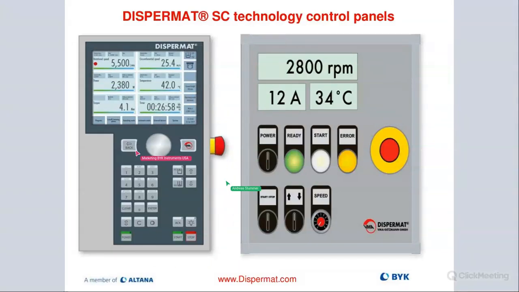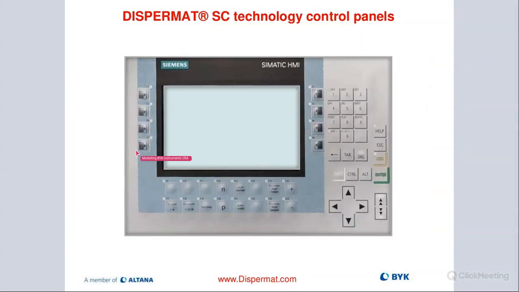And then on the right side, we have a very simple control panel. We call it the M technology for manufacturing. Some customers prefer really simple in the manufacturing environment, a little bit more sophisticated for the lab, but we offer both options. And then obviously, here is a PLC controller made by Siemens.